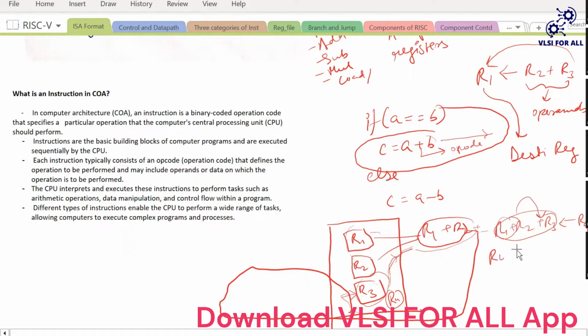Maybe let's try R1 plus R2 plus R3. This R1 plus R2 gets calculated in the first instruction.